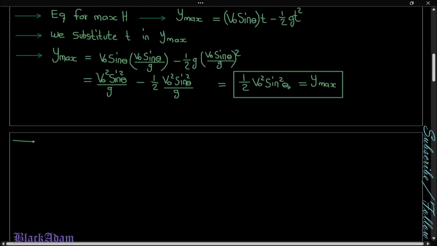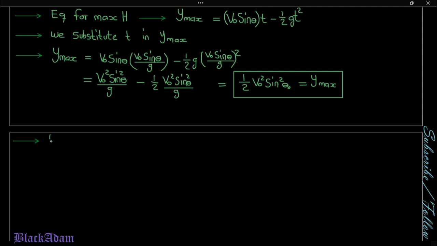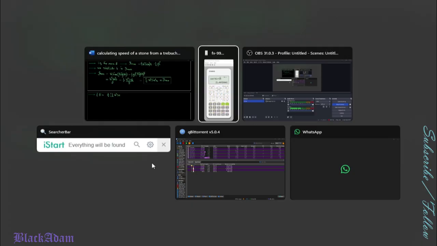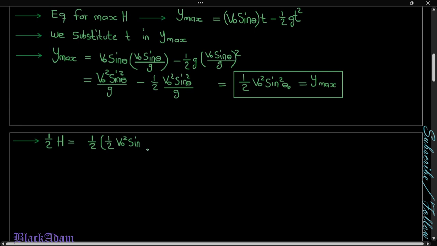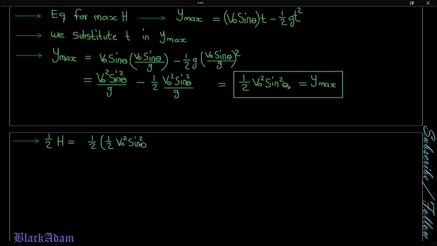And then we have half of the height, so that will be half of that: half of half v squared sine squared theta, all over g.